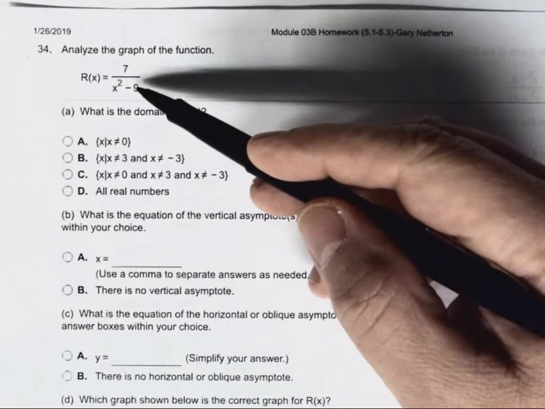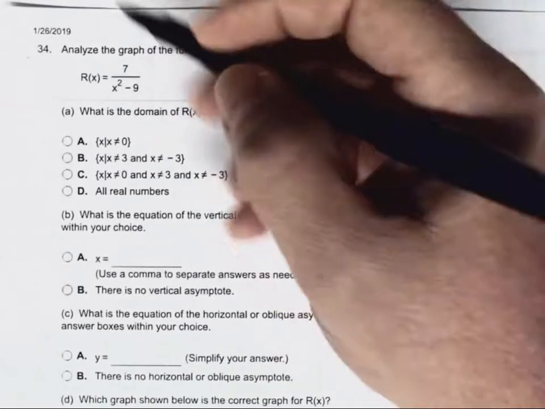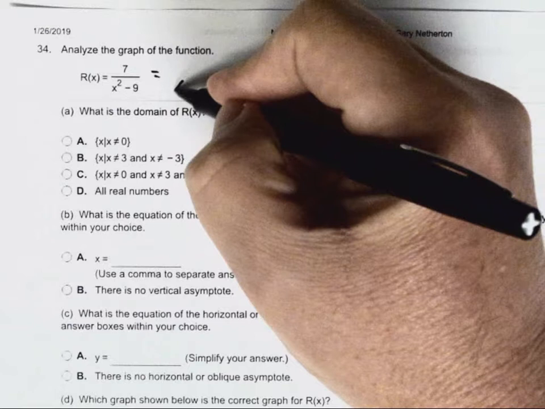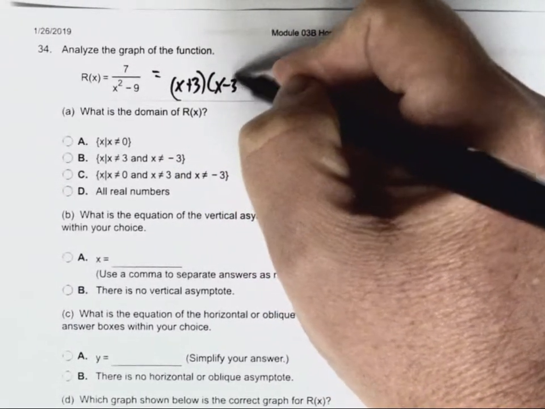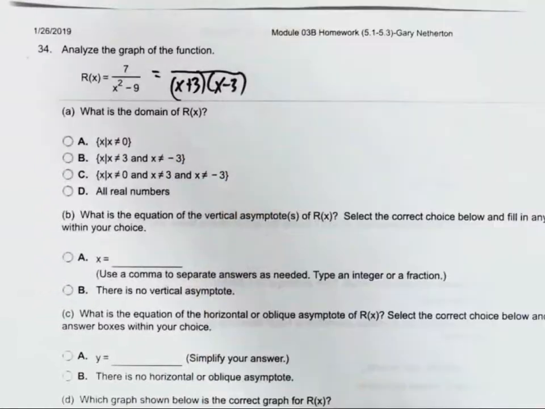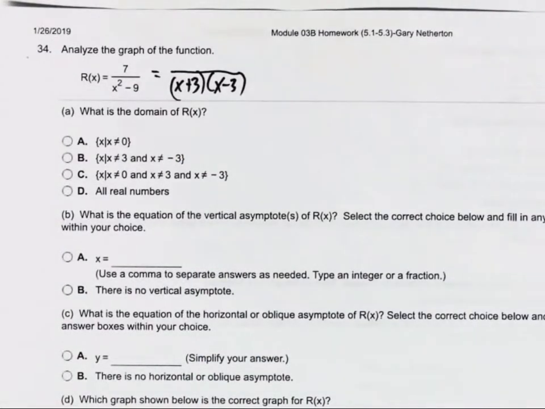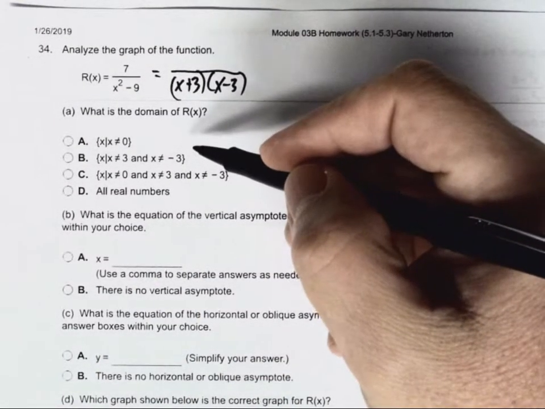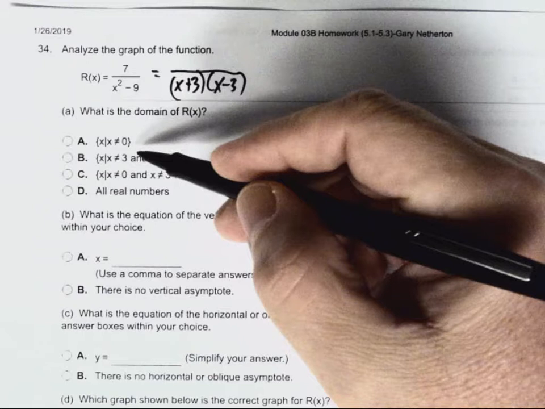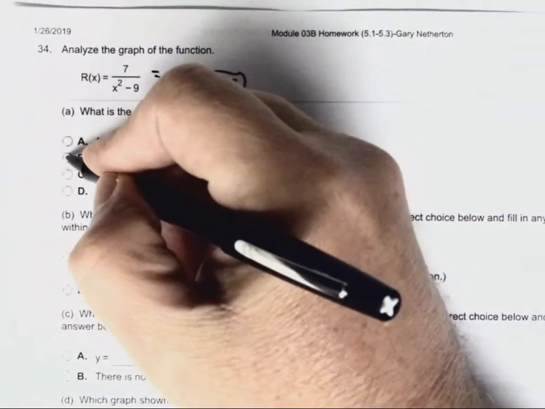Once again, the domain, all I care about is the denominator. Once again, I'm going to need to factor. What values of x would cause the denominator to be 0? It looks like 3 and -3. So here are my choices. I know the domain is all real except 3 and negative 3. Looks like B.